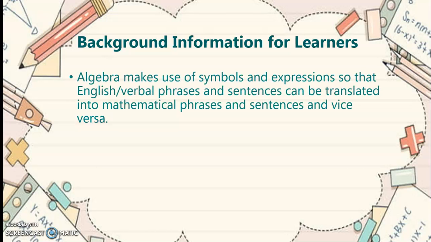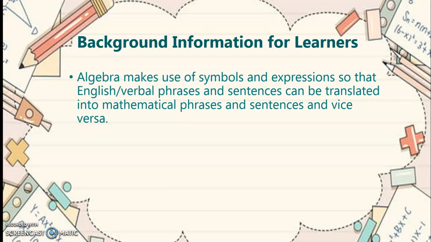Algebra makes use of symbols and expressions so that English or verbal phrases and sentences can be translated into mathematical phrases and sentences and vice versa. Okay, so when we deal with algebraic expressions, we use different kinds of symbols.